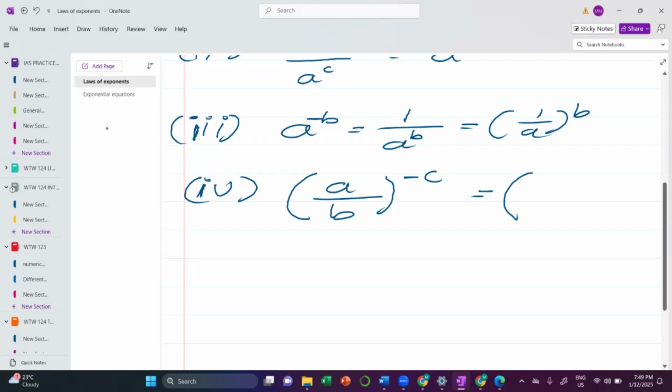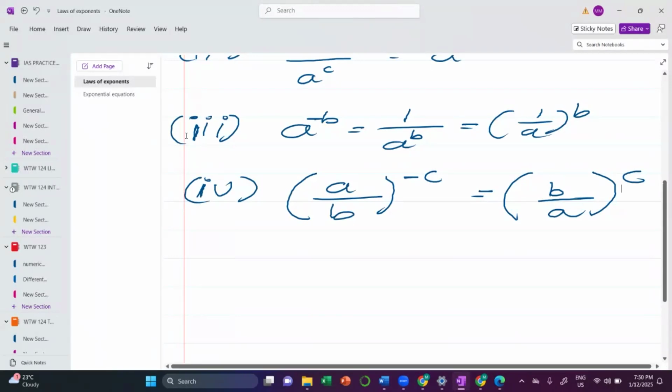So I'm swapping my numerator with my denominator. So b goes to the top and I divide with a. Now I'm remaining with a positive exponent. This negative sign disappears because I have swapped the numerator and the denominator.